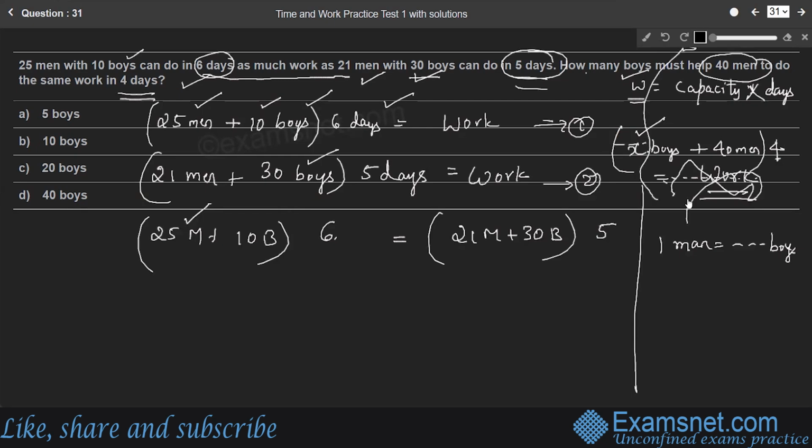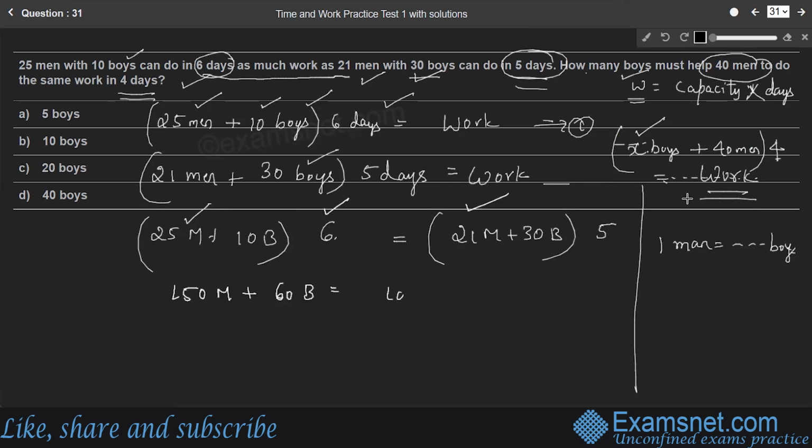So let us find the relation between man and boy. That means one man is equal to how many boys? For that, consider these two LHS parts which are equated. So 25 into 6 is 150 men plus 6 into 10, 60 boys, is equal to 21 into 5, 105 men plus 150 boys.